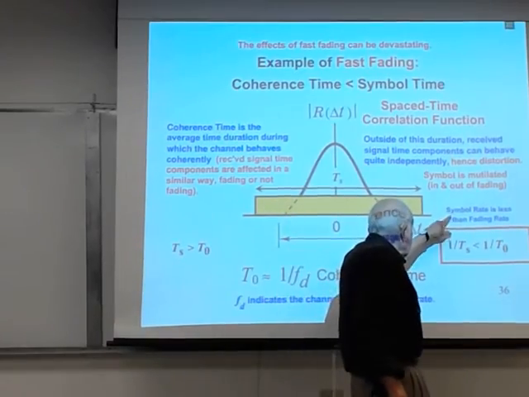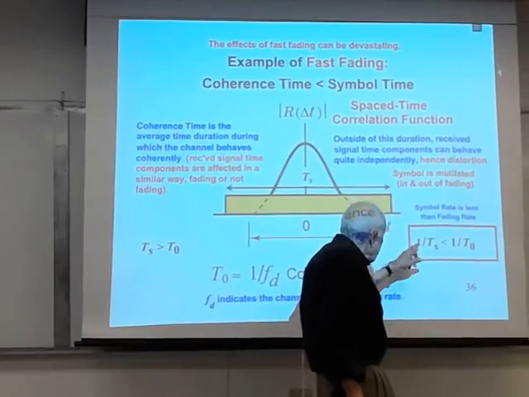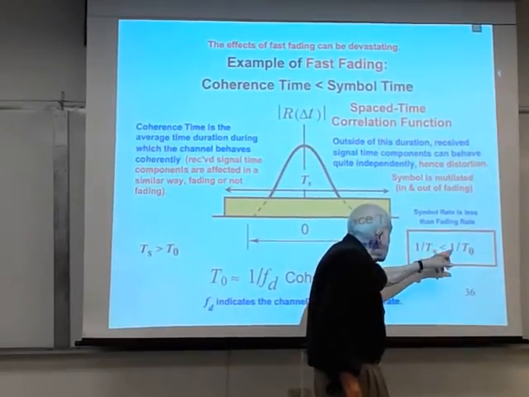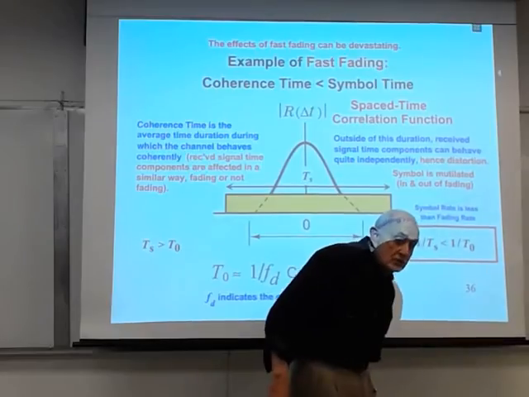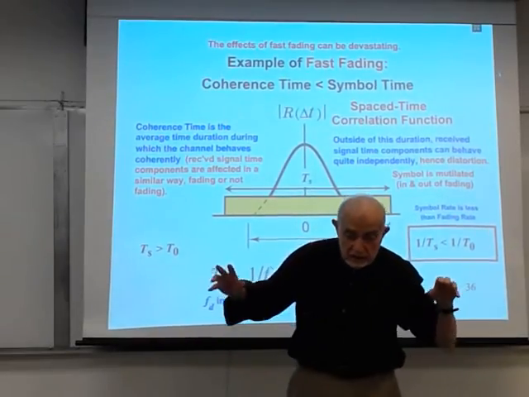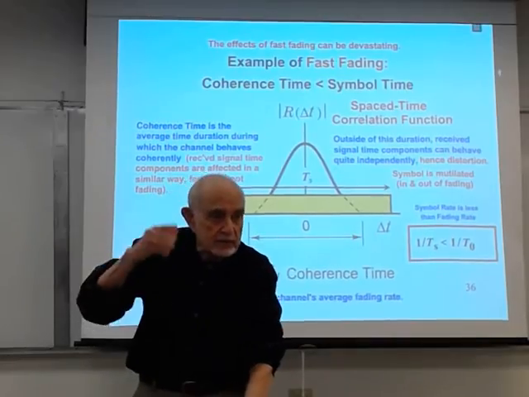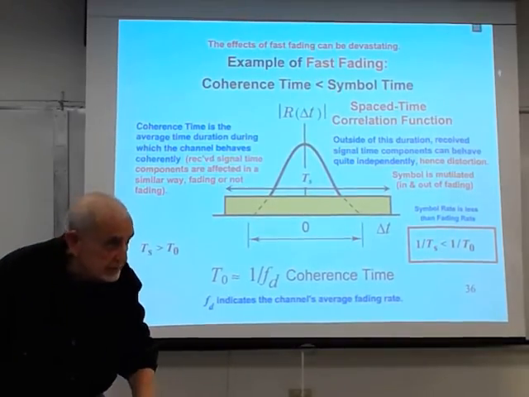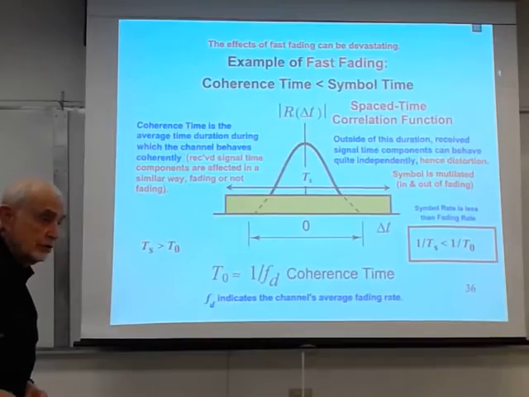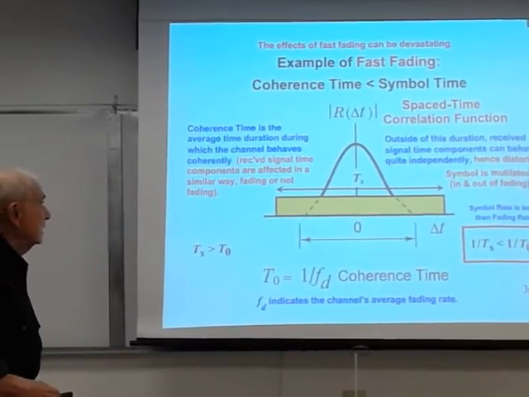Another way of saying this is that the symbol rate is less than the fading rate. So you're changing symbols relatively slowly. You've got long symbols, and the fading is just chopping that symbol up. So you can think of it as a mutilation in fast fading.